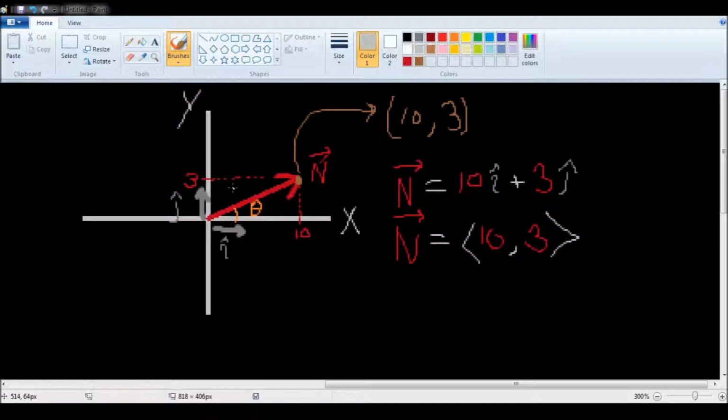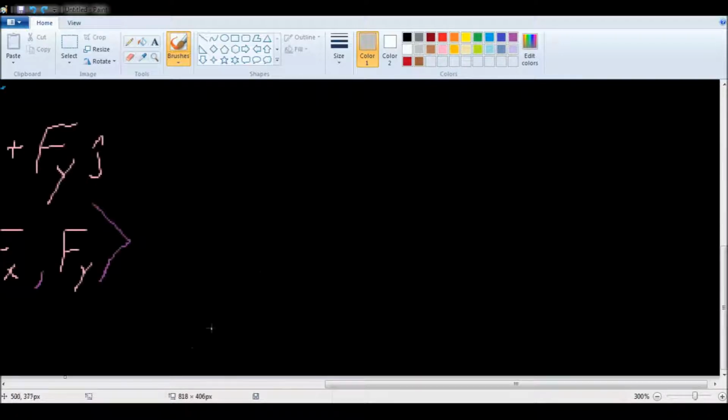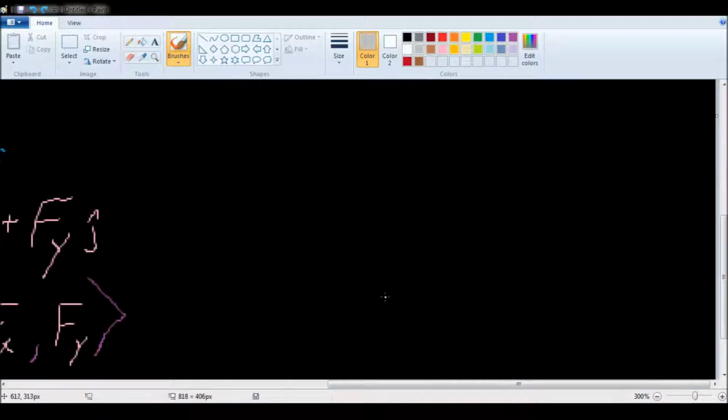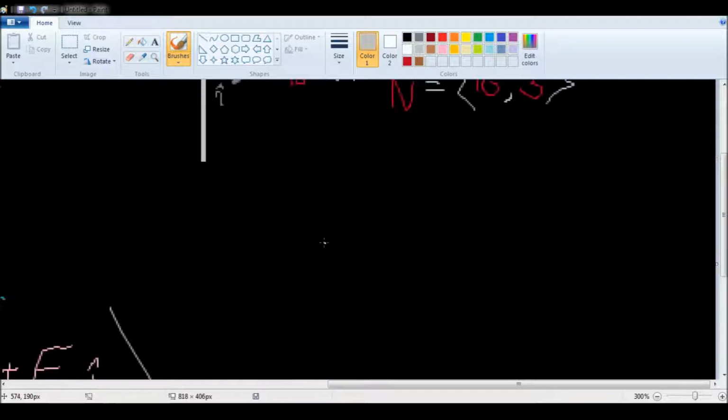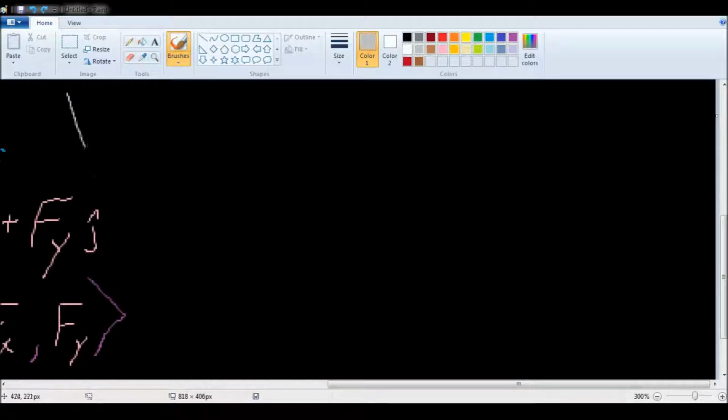Now, this isn't the only way to find these components. Or I should say, there is a way to find these components as opposed to looking at the point or being explicitly given them. And I'll go ahead and show you how to do that. So let's get another coordinate system on here, and it looks like we have some of our previous work filtering over here.